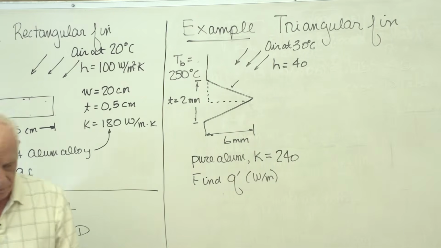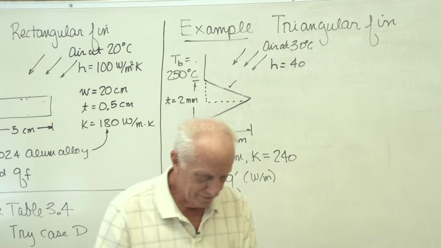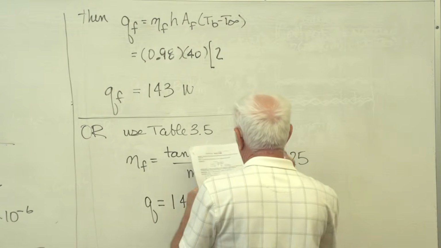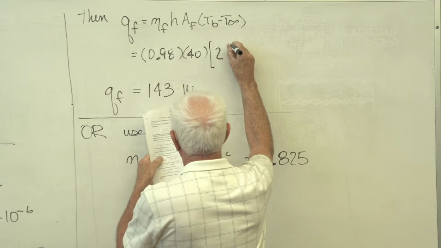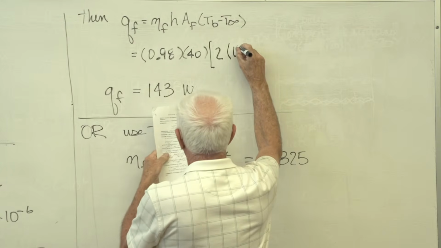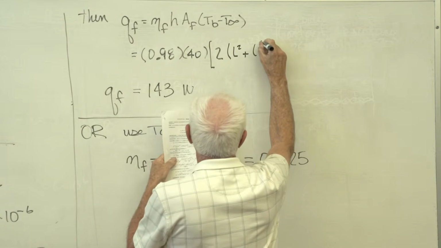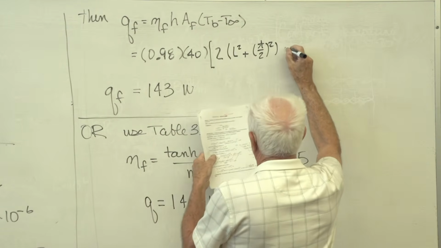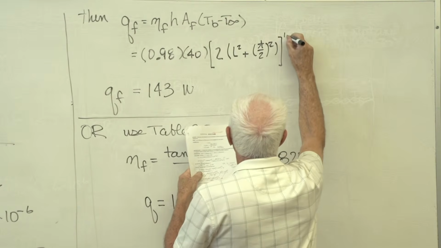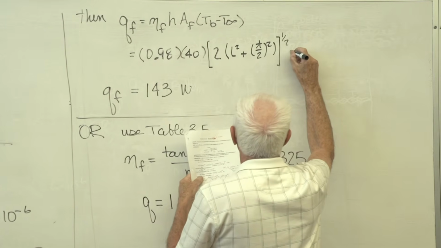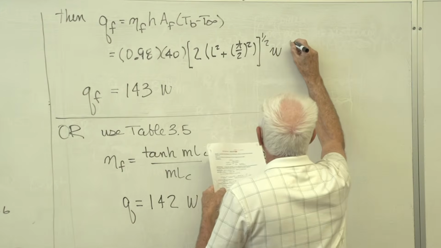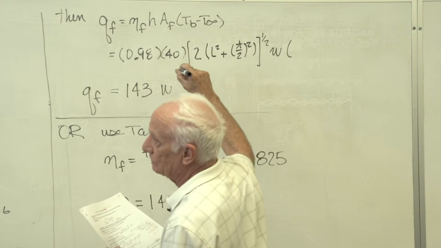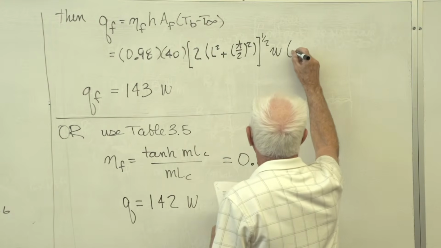If I want the hypotenuse, which I do, of course, so here it is, the area. 2 is the top and bottom. Hypotenuse is L squared plus T over 2 squared, to the 1/2, times W, which is the width, times T base, which now is 250 minus 30.